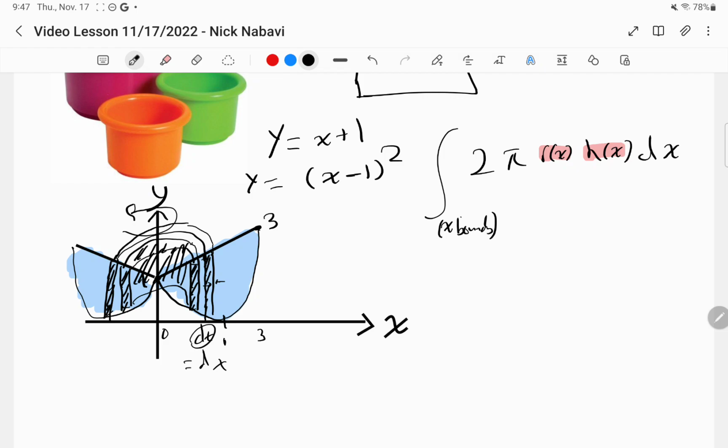In this case, what are the radii of the cylinders? There's one, there's another, and they keep going out and out and out. The radius of each of these cylindrical shells as you integrate over x is just going to be x, okay? The radius of this cylindrical shell here, when you're at point x, is just x, right? Makes sense. Simple enough.